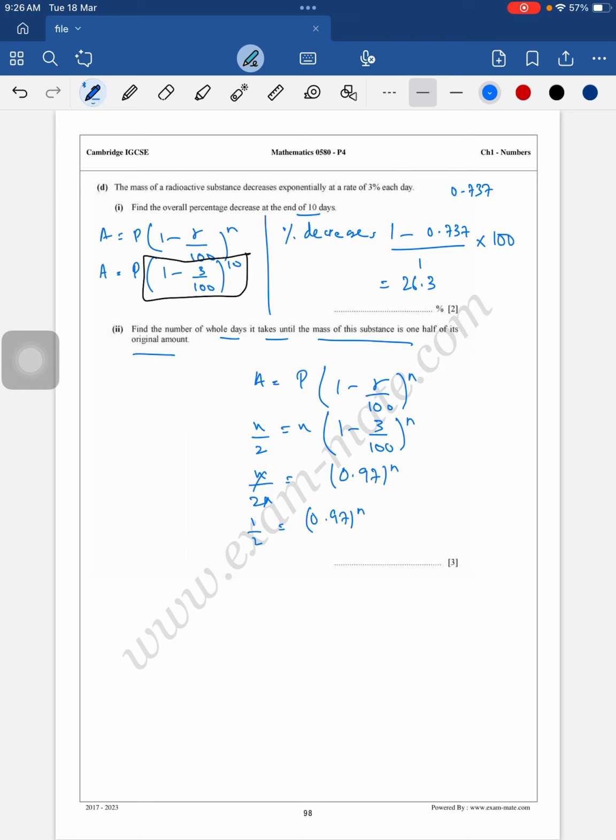Now see what I told you in the previous question. Here we are to find out n. So in order to find n, we have to apply log. So ln 1 upon 2 is equal to ln 0.97 power n, which is n ln 0.97.